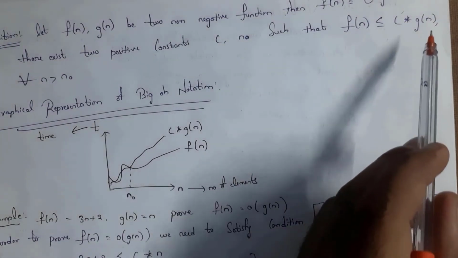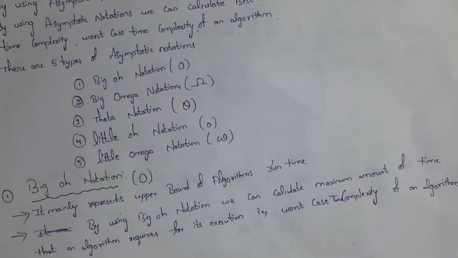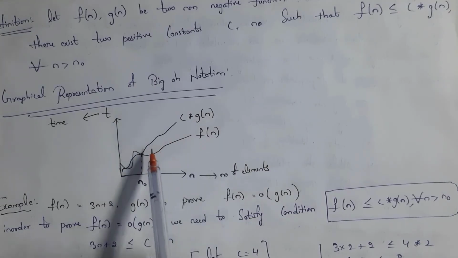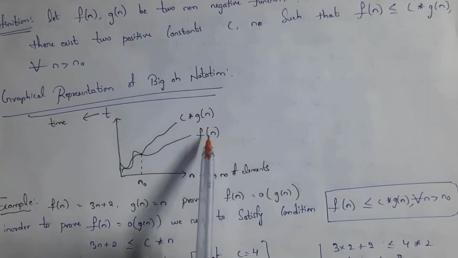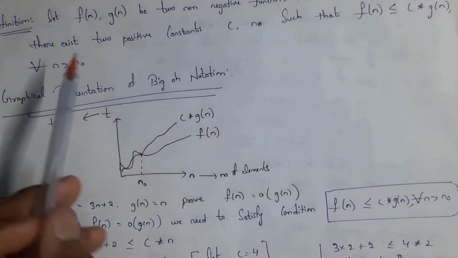C into g of n should be in the upper position because I already explained big O notation is mainly used to represent the upper bound of an algorithm. So c into g of n should be in the upper position, and f of n should be below c into g of n, that is in the lower position, and the point at which these two lines meet is known as n naught, where n is greater than n naught.